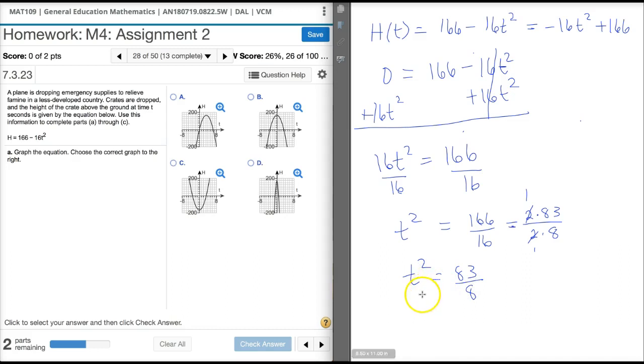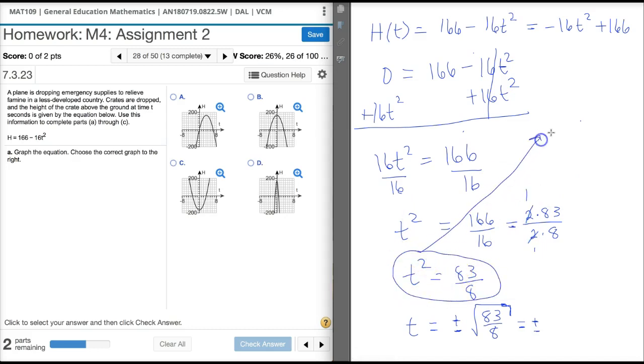Now, to solve this equation, we have to do what's called taking the principal root of both sides, which is we write t equals, and then we do plus or minus, and then take the square root of everything that we had here. Okay? And so by doing that, this particular equation here is basically saying this.